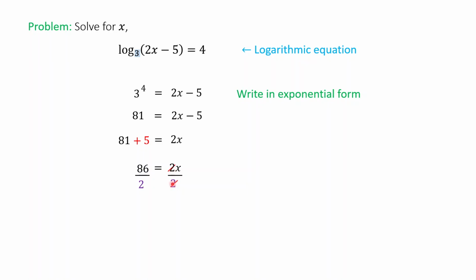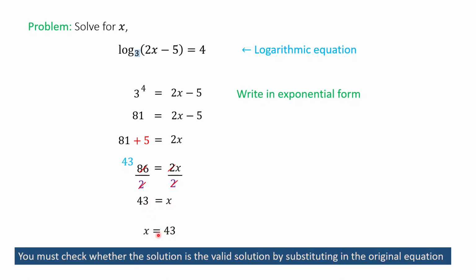Cancel 2 and 2. 86 divided by 2 is 43. So 43 is equal to x. So x is 43. Now you must check whether this is the valid solution by substituting x is equal to 43 in the original equation.